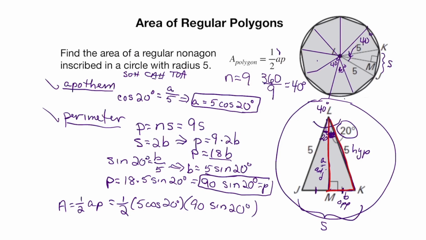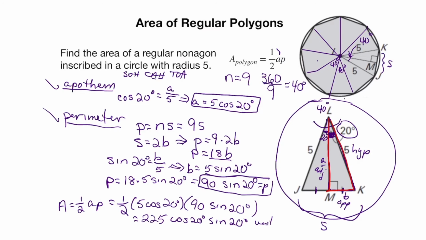And I can, if I want, combine this and make it a little bit smaller. 1/2 times 5 times 90 would be 225. That's just the constant numbers. And then I've got cosine 20 times the sine of 20. So again, that 225 just came from 1/2 times 5 times 90. And this is actually the exact area, in units squared.